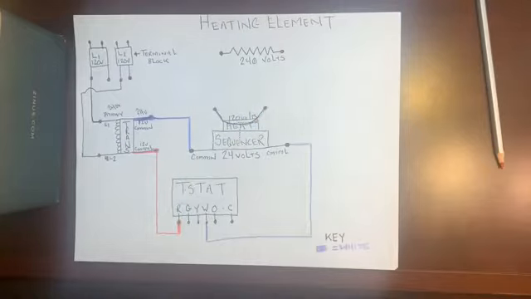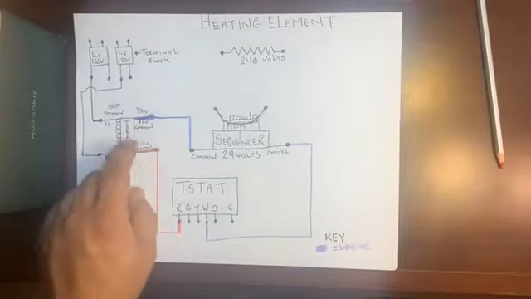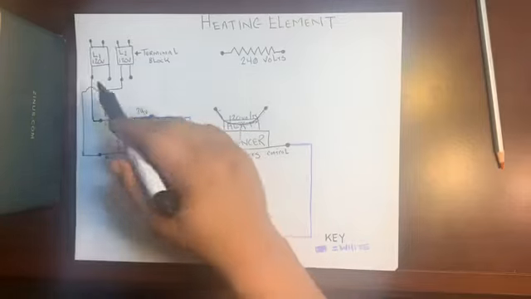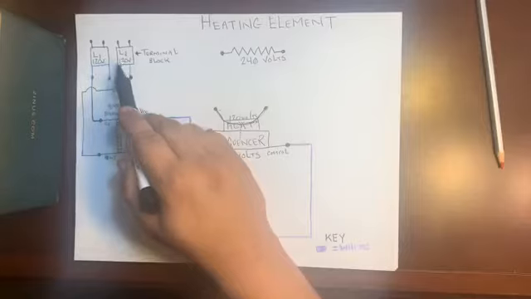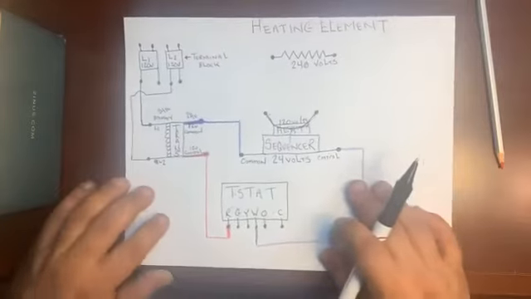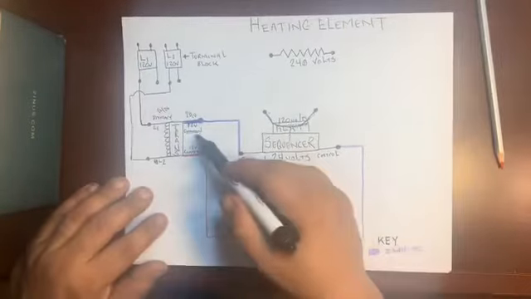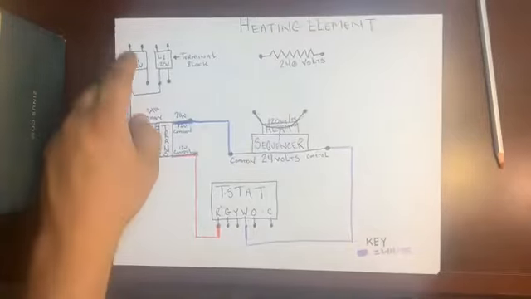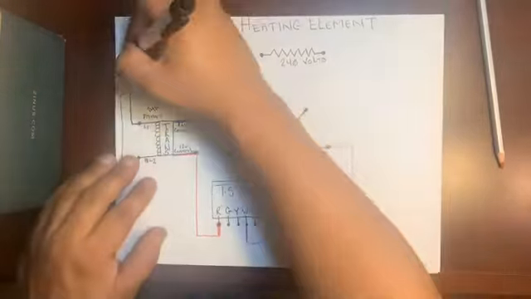So let's see how this works. I keep stressing to you about common, and common is everywhere. Common and control are on the secondary side of the transformer. Common and control are also on L1 and L2. So let's designate a common. When I say designate a common, you know exactly what I'm talking about. I designate L1 as common.